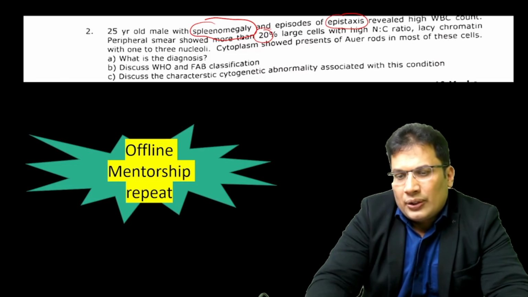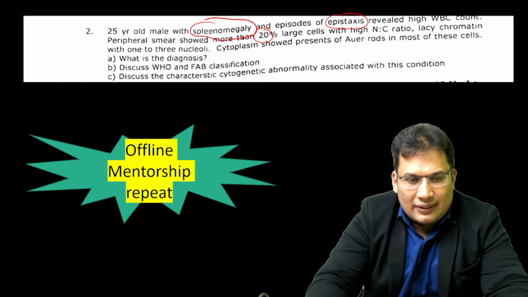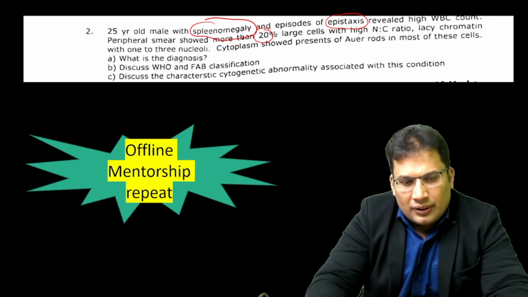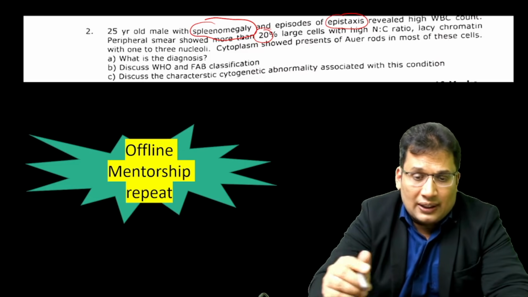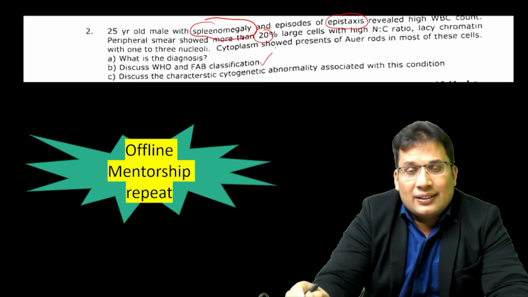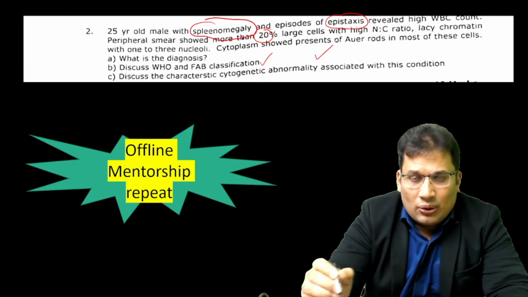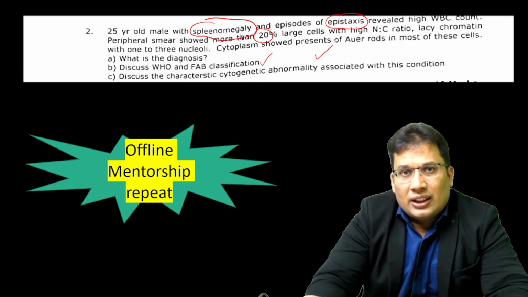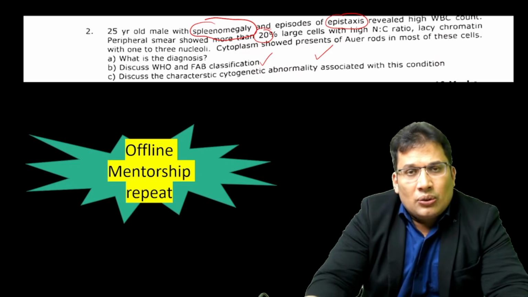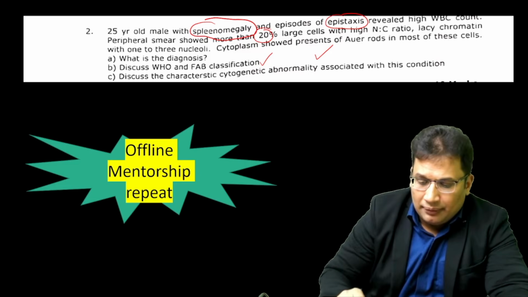Cytoplasm showed presence of Auer rods in most of these cells. What is the diagnosis? Discuss the WHO and FAB classification, and also discuss the cytogenetic abnormality associated with this condition. So this is basically AML.